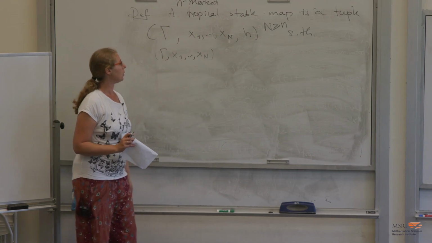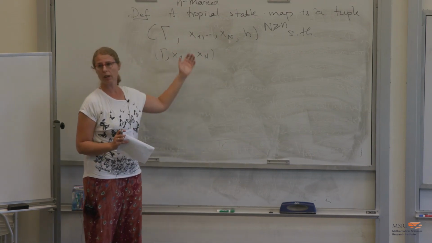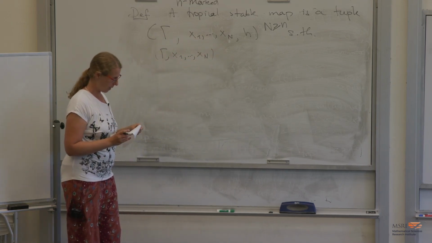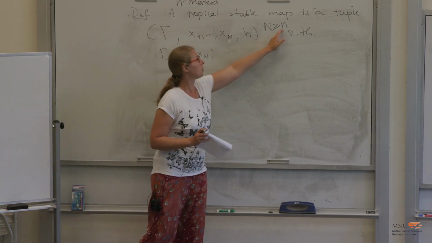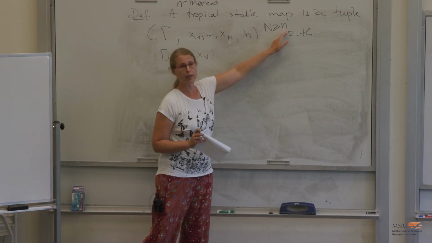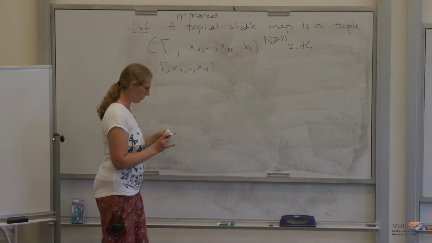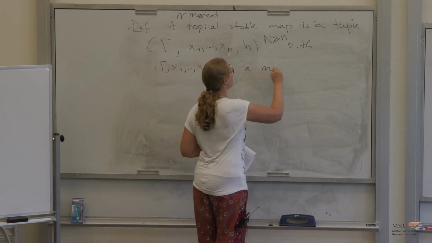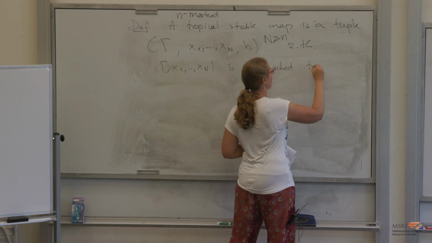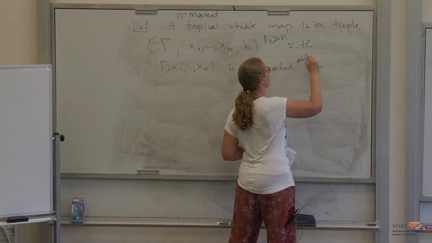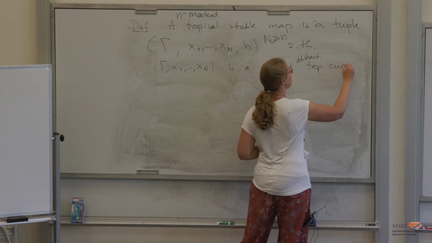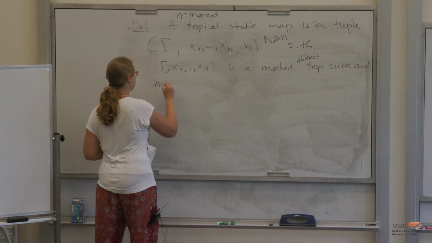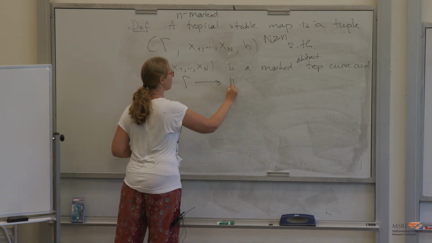Just to avoid having to work with too many group actions, I decide to mark all my n's and to always think of n's as being something marked. But nevertheless, I need to make this distinction. The small n ones are somehow special, and we'll see what is special. Okay, such that this is a marked abstract tropical curve. I should add abstract here, abstract tropical curve. And H is a map from gamma to R2.